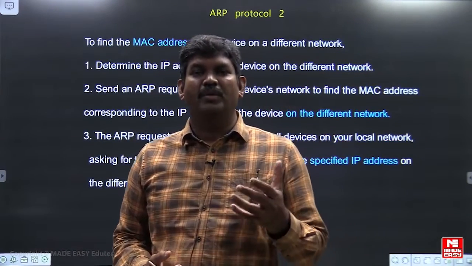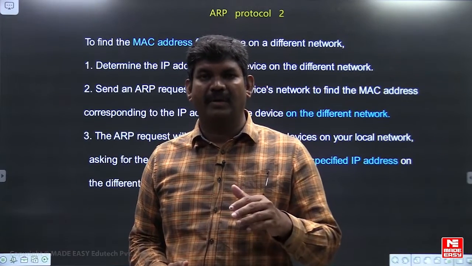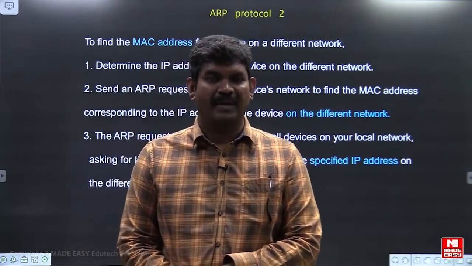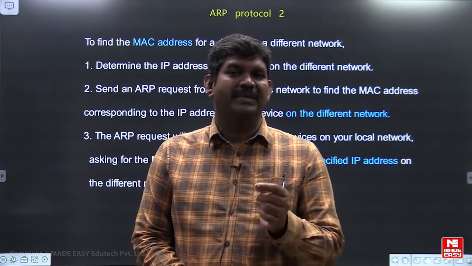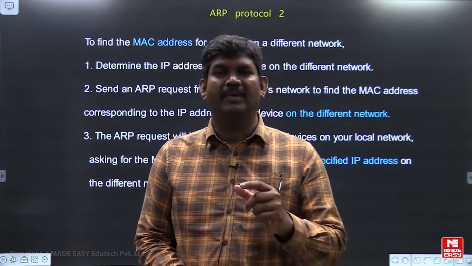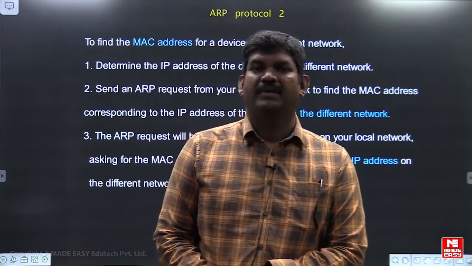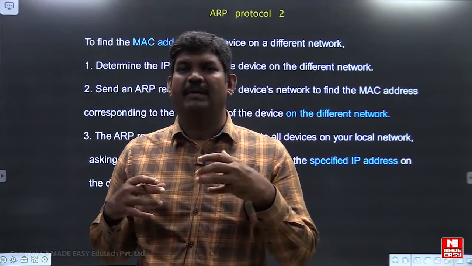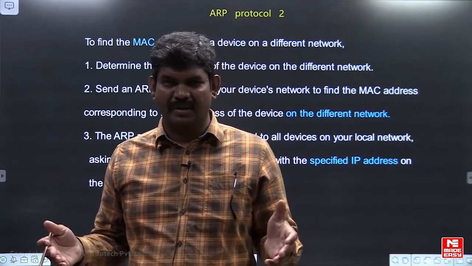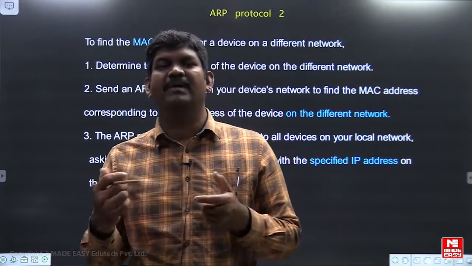If you want to find the MAC address of a particular computer which is on the other network, what is the procedure? If you are looking for the MAC address of a computer in the LAN that we have analyzed, the ARP request packet is a broadcast, so it will go to all the stations and the concerned system is going to give a reply.